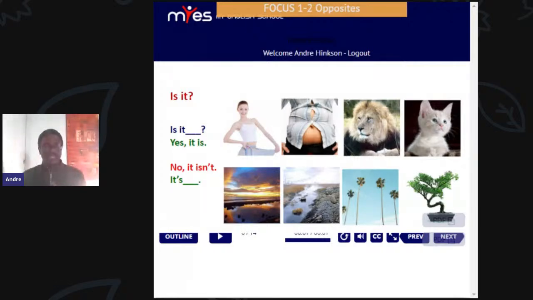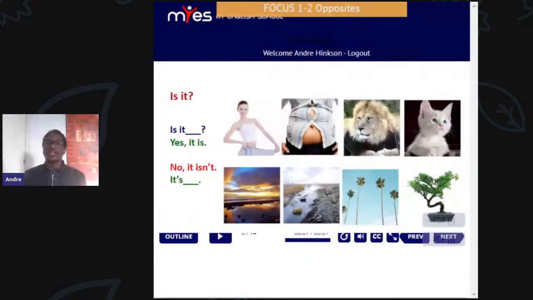The answer would be yes, she is. So it's the affirmative in this case because is she thin and it's correct. So we use the positive. Yes, she is.